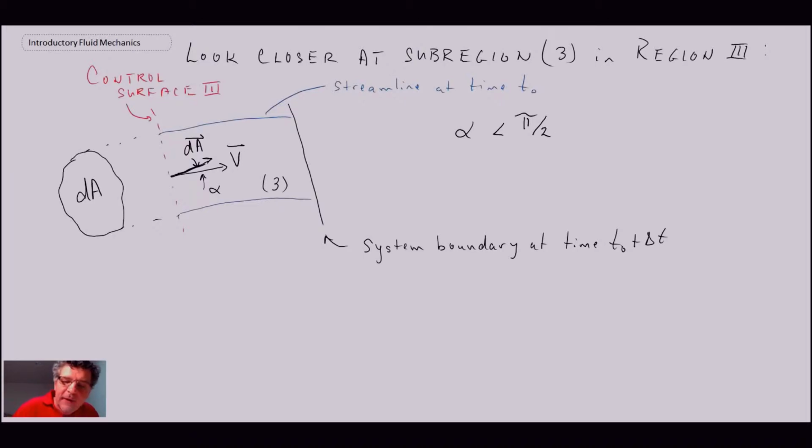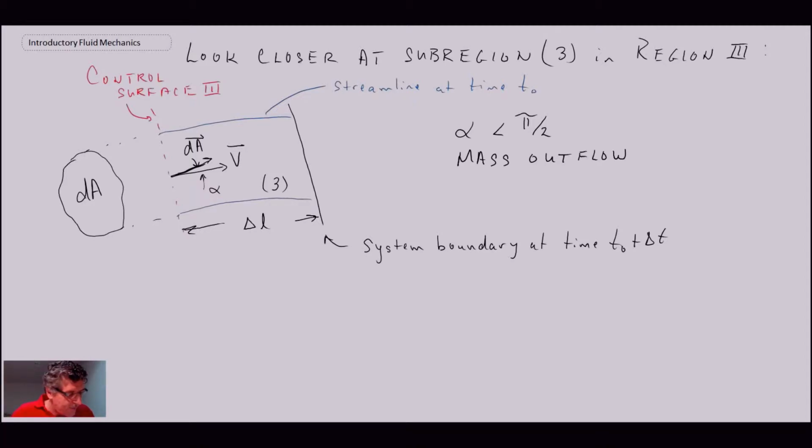And that means that this is for mass outflow, or mass leaving our control volume, because this was on the right-hand side of the system that we were looking at. And the final thing I'm going to draw here is the length of this element that we're looking at, and we'll call that delta L. Okay, so I think that describes everything.